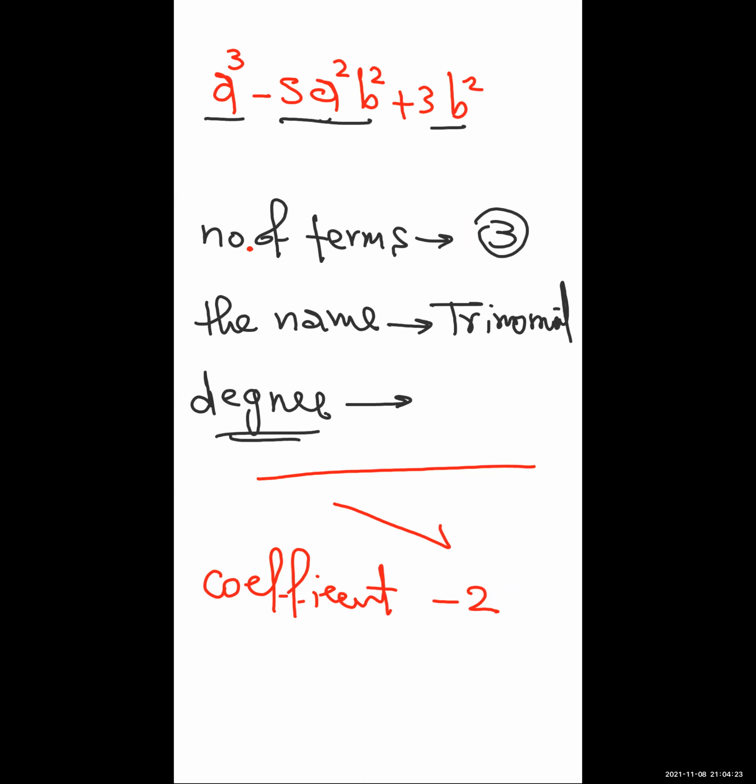The degree, the third and then the fourth, the fourth. The coefficient, no. Here you can't say the coefficient because here there are 3 terms. Which coefficient would you write? We don't know. The 5 at the beginning of the second term, yes. Okay.